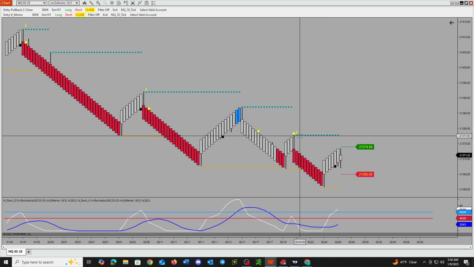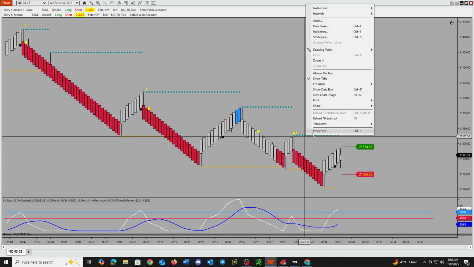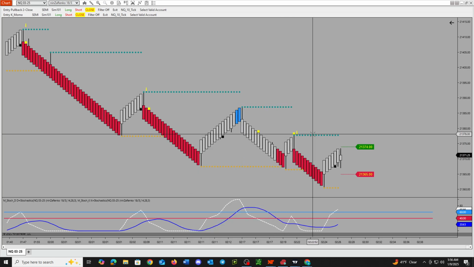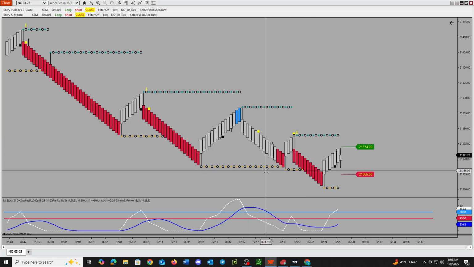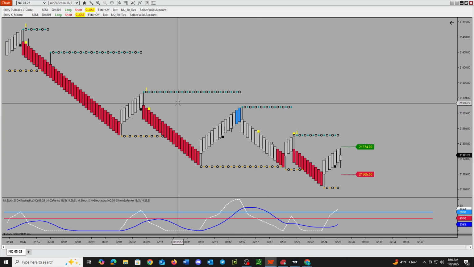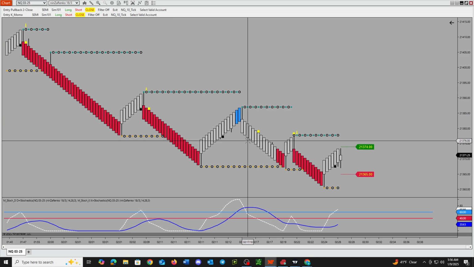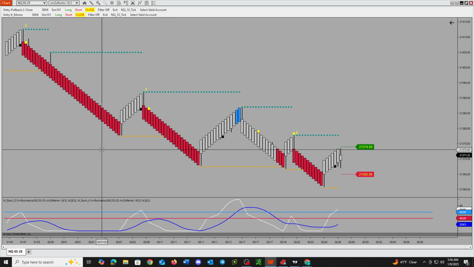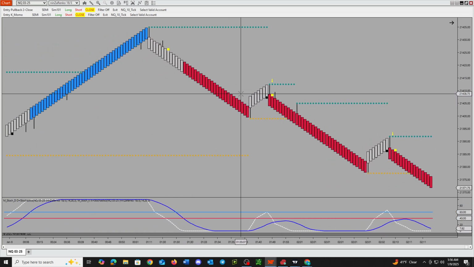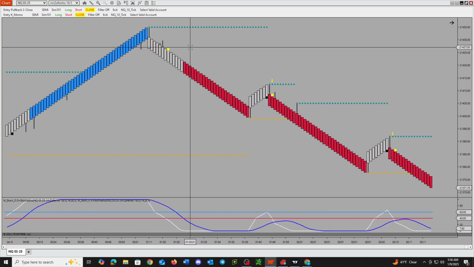Now let me change this so it highlights those. This is just a normal swing indicator that I have on here to help guide you. It's set to 5. I'll break this out in a second. The swing indicator just gives you a quick visual on where the higher lows and lower highs are.